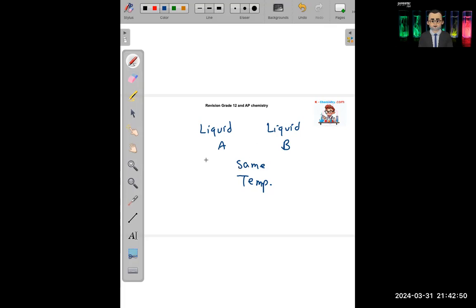The effect on the vapor pressure in this case will depend mainly on the intermolecular forces of attraction. If this liquid has higher intermolecular forces of attraction, the vapor pressure will be less. And if this liquid has less intermolecular forces of attraction, the vapor pressure will be higher.